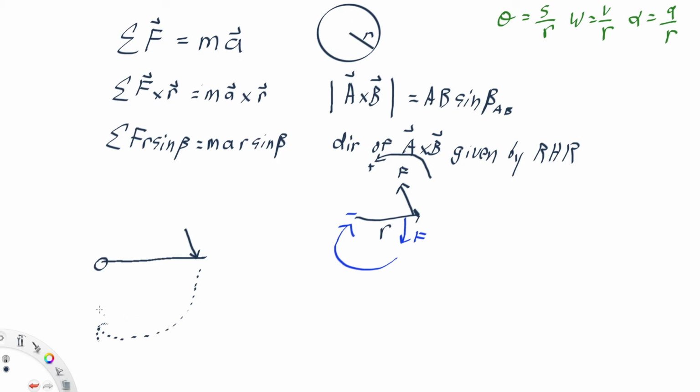By convention, rotations in the clockwise direction are negative. So in this case, F cross R is in the clockwise direction, and we're gonna call that the negative direction.